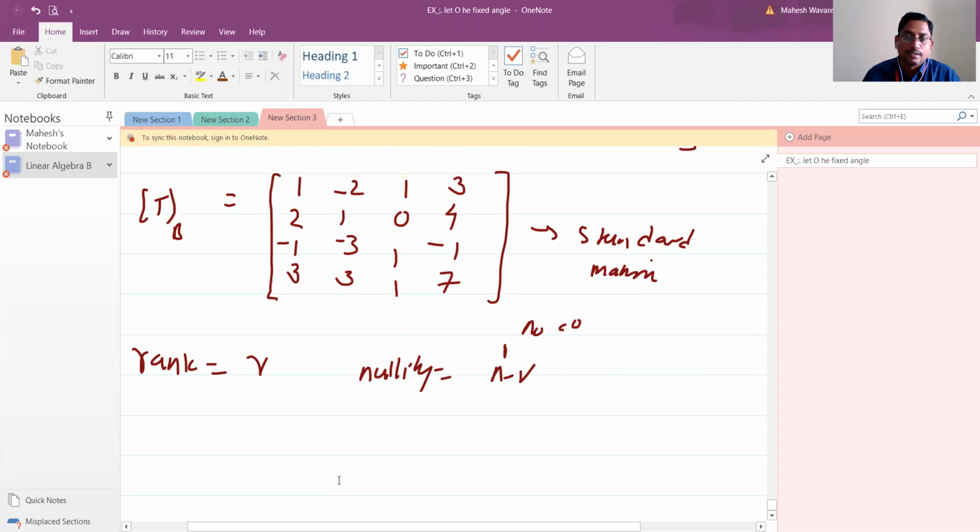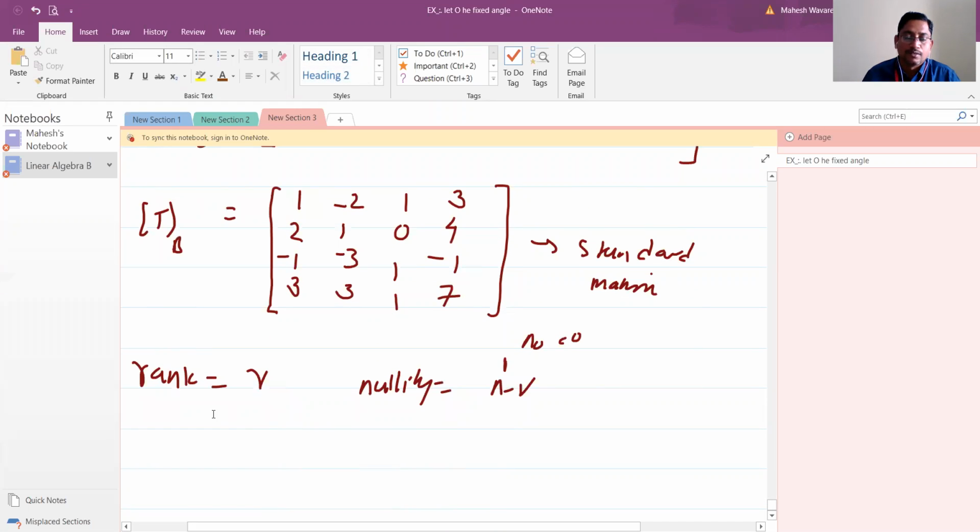Now you convert this matrix into row echelon form to find the rank. If its rank is R, then the nullity should be 4 minus R, as the number of columns, the dimension of the domain, is 4. Both codomain and domain are the same here. So the nullity is 4 minus the rank of that matrix. Okay, fine.